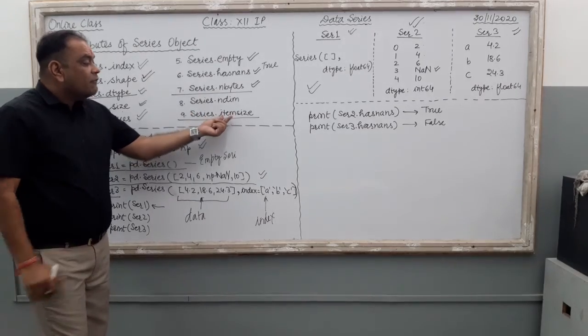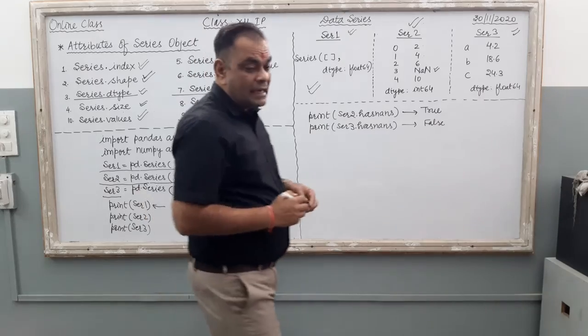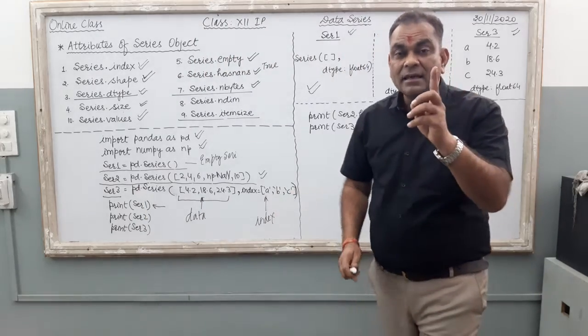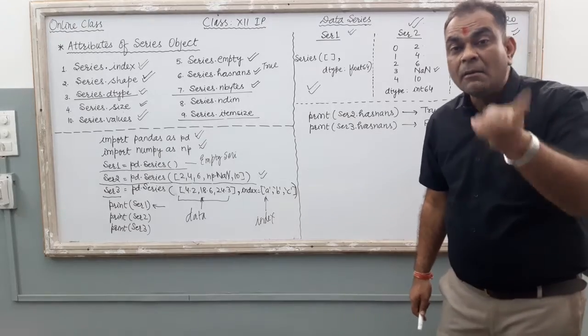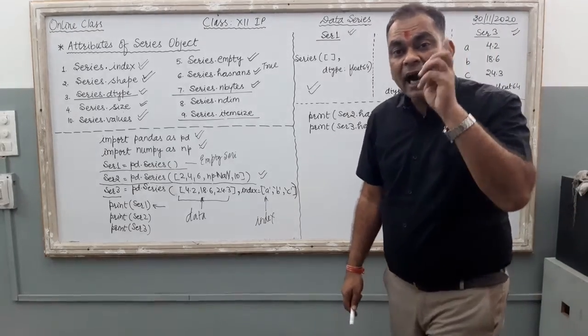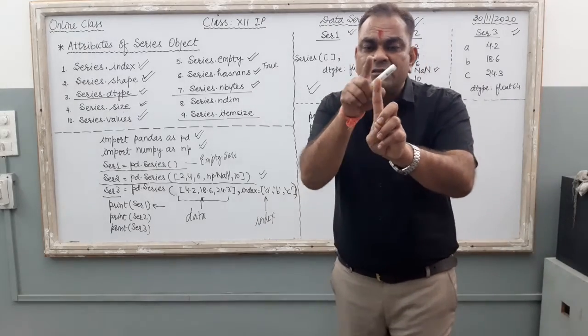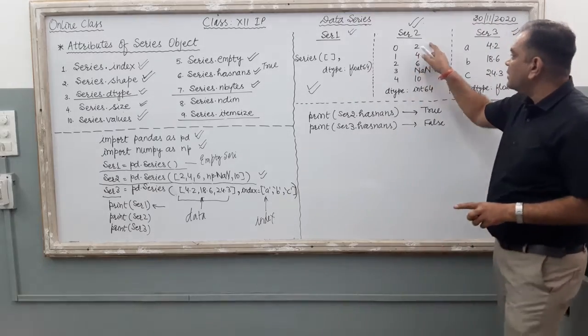But before that we have to know about itemsize. The itemsize attribute refers to the size of each and every item of the series in bytes, or the size of a single item of a series in bytes.